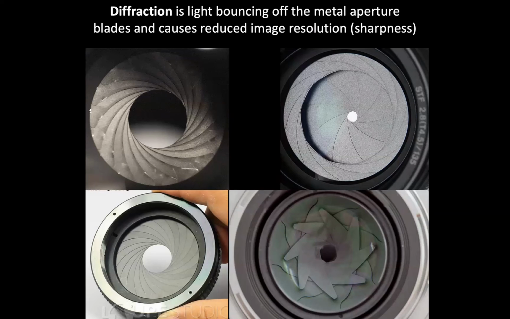Those apertures, when they are open, are pretty much circles either way, because they're curved blades. But when you start stopping them down, if you have more blades, you end up with a more perfect circle as opposed to something more octagon-like in the illustrations on the right.